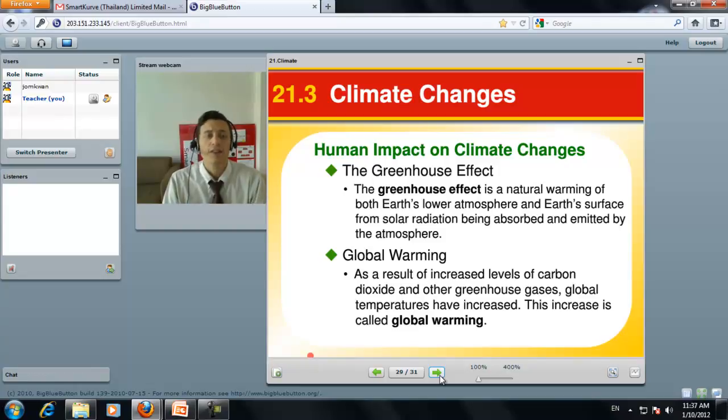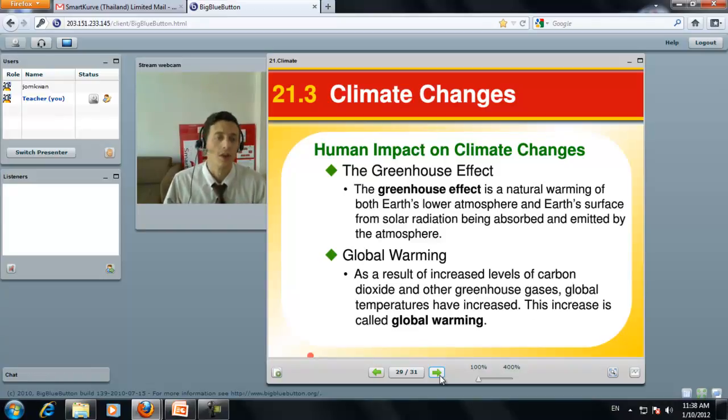But if there's more carbon dioxide in the atmosphere, more infrared radiation will be absorbed. That infrared radiation cannot escape the atmosphere, so it stays in our atmosphere. So we have more radiation and more heat, and the temperature of the Earth rises.